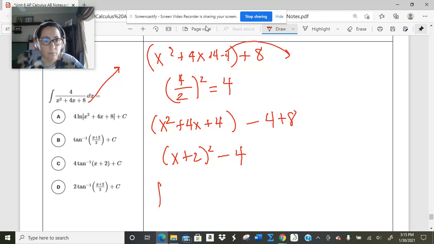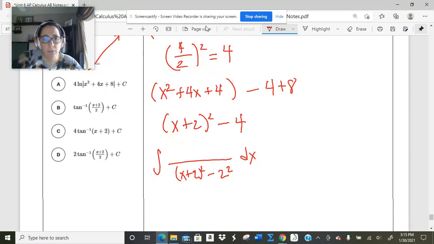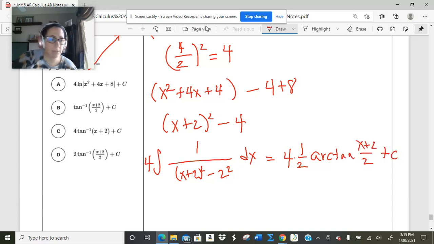Rewrite my integral. Here, the derivative is just a 1. So I'm going to take that coefficient out in front that we had from the beginning. Coefficient goes along for the ride. This is an arctan, so I need a 1 over a. Arctan of u over a plus c. So cleaning it up, I get 2 arctan of x plus 2 over 2 plus c.